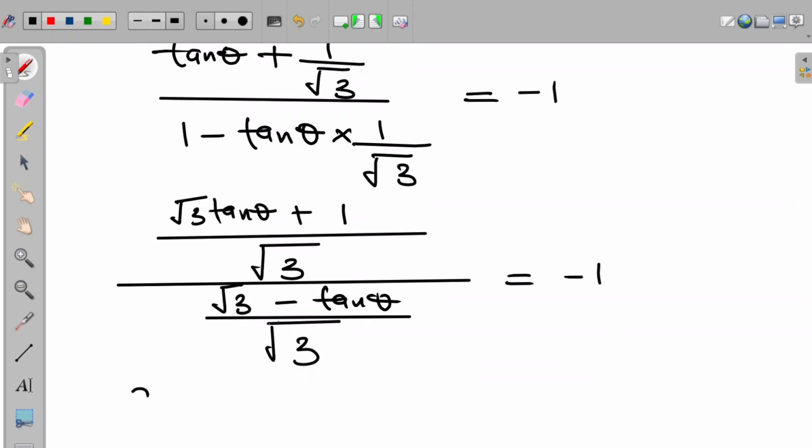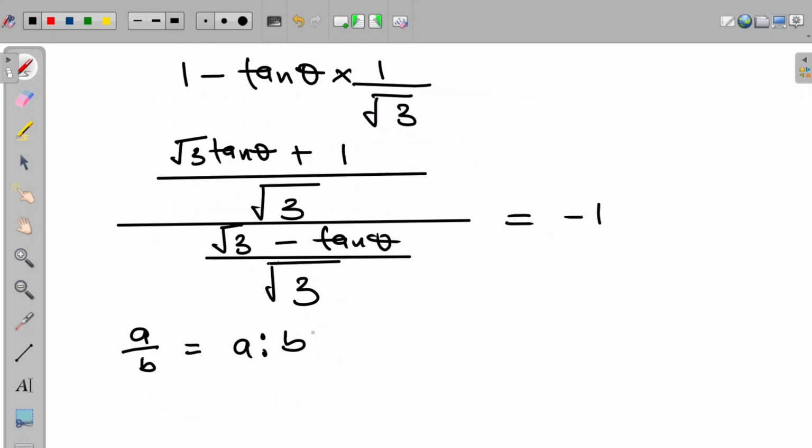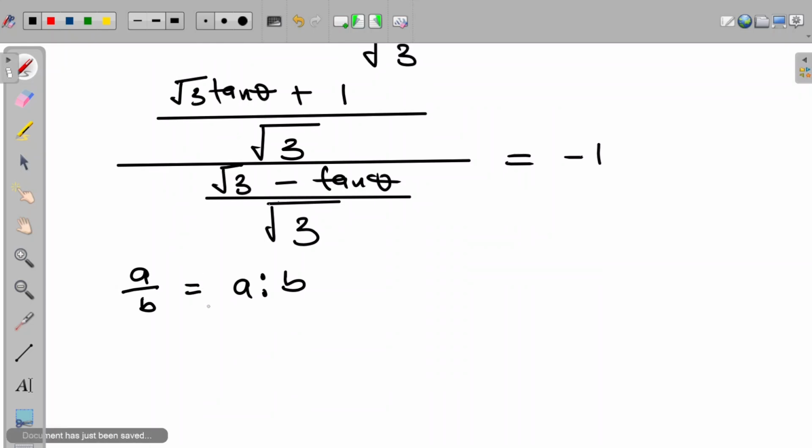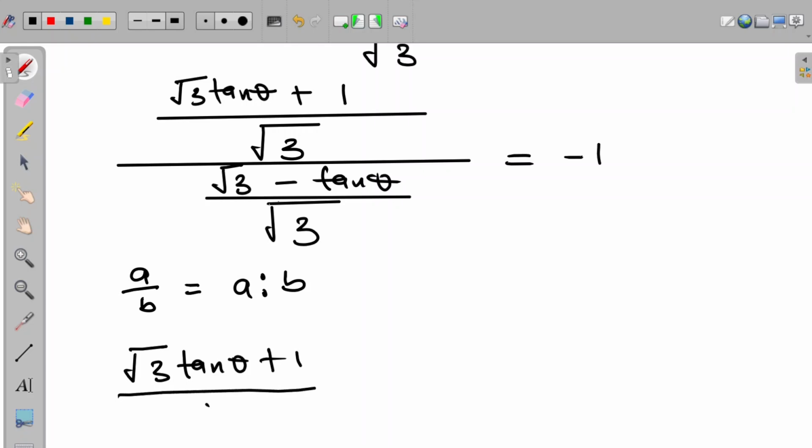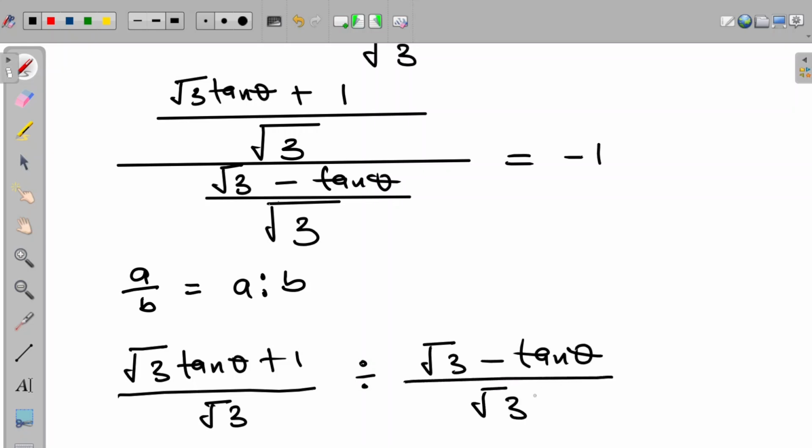But if I have A divided by B, this can also be expressed as A divided by B. Thus, our left-hand side can now be expressed as (root 3 tan theta plus 1) divided by root 3, over (root 3 minus tan theta) divided by root 3, equal to negative 1.